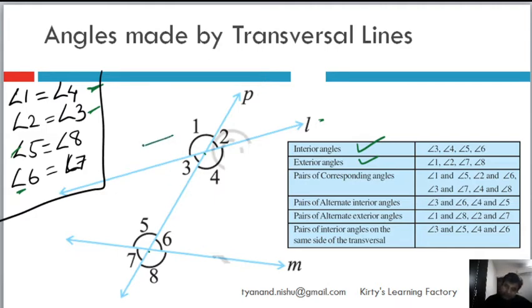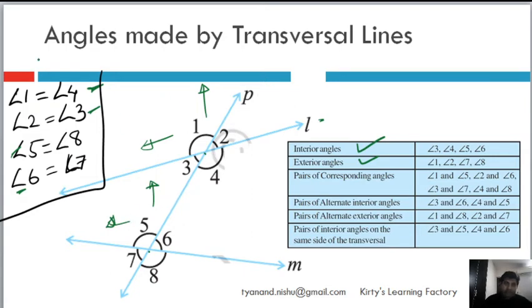So angle 1 is on this side, angle 5 is on this side, right? Angle 5 is on, let's say, the toppish, I'm only saying this so that it is easier for you to understand. And angle 1 is also on the upper side of the point of intersection. So up and left, right?